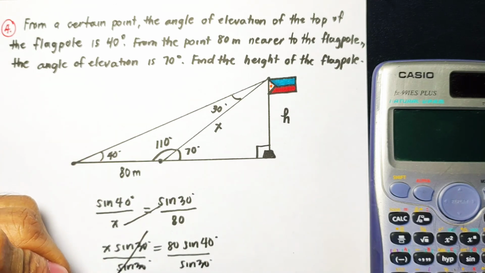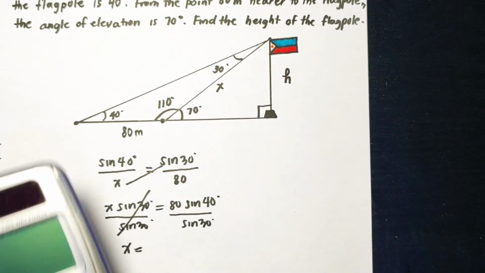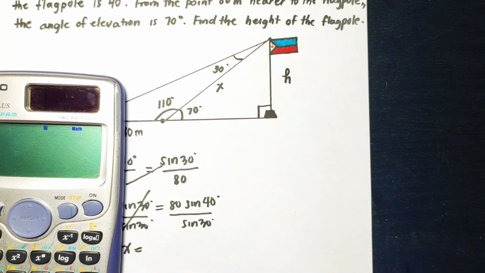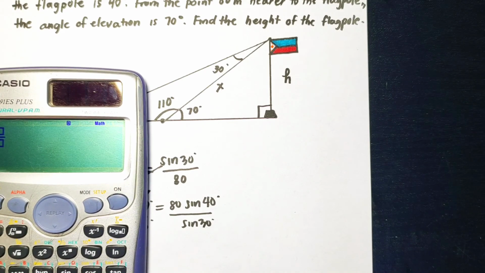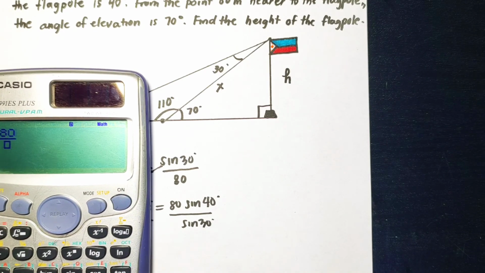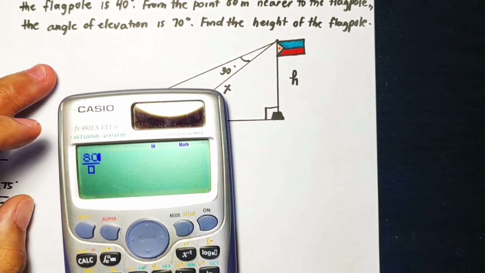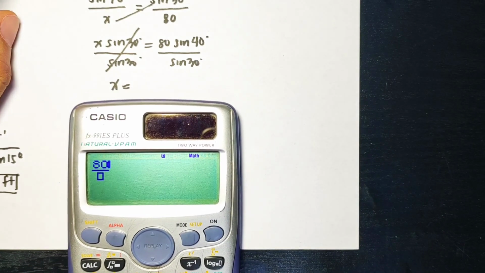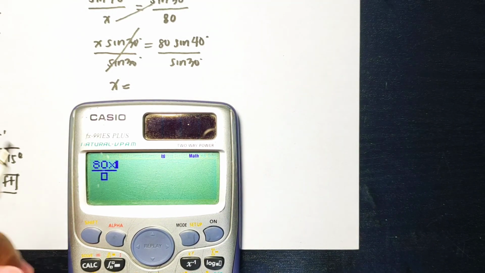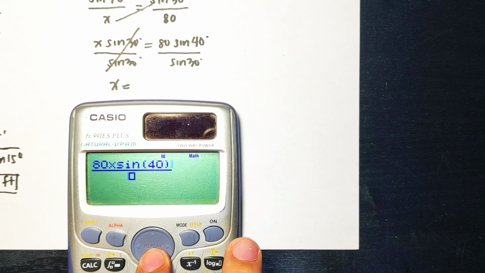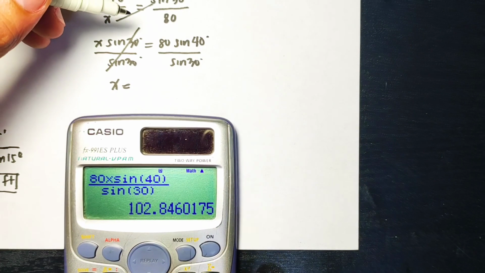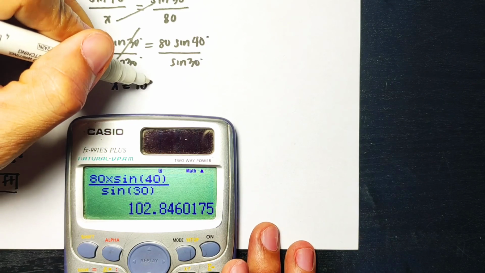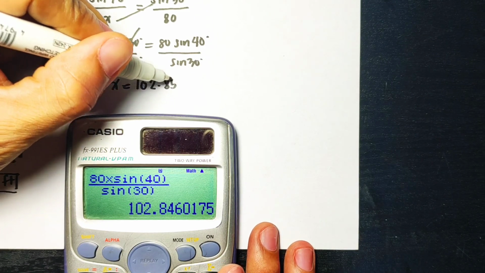We get 80 multiplied by sine 40 degrees divided by sine 30 degrees, which gives 102.85 meters.